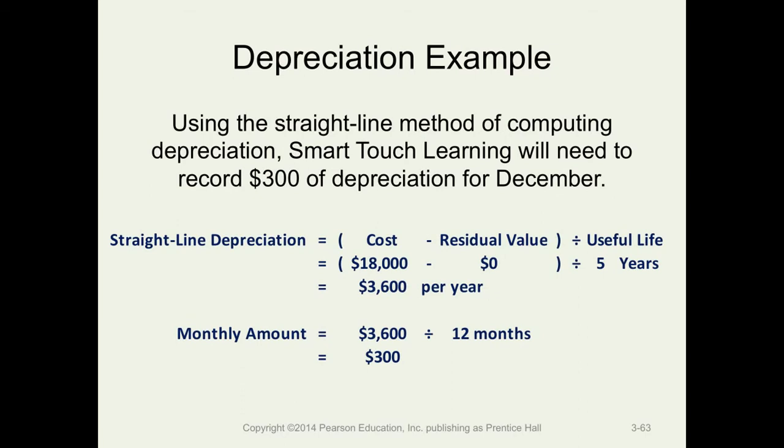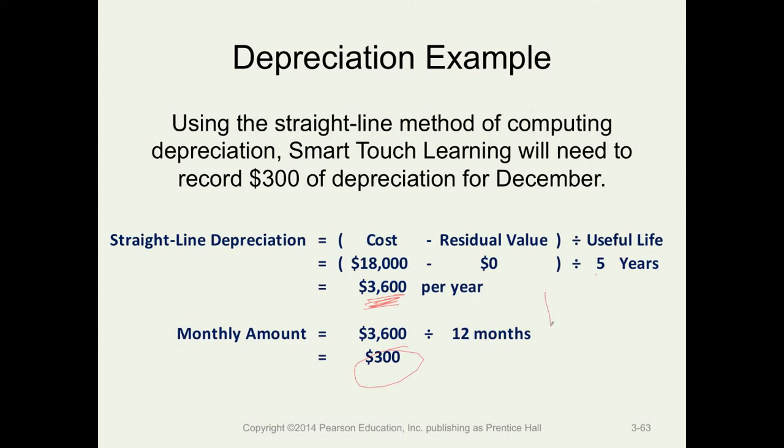We're going to use something known as the straight line method to depreciate this asset. And under the straight line method, we simply take an equal amount of depreciation per year. And in this case, it's cost minus the scrap value over the useful life of the asset. And this asset will be depreciated at a rate of $3,600 per year or $300 per month.